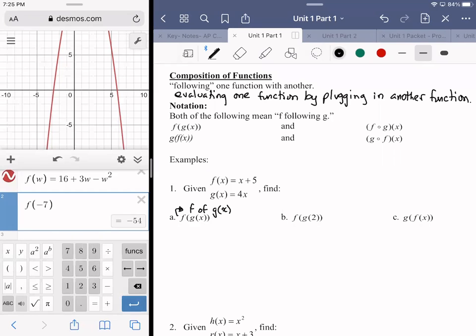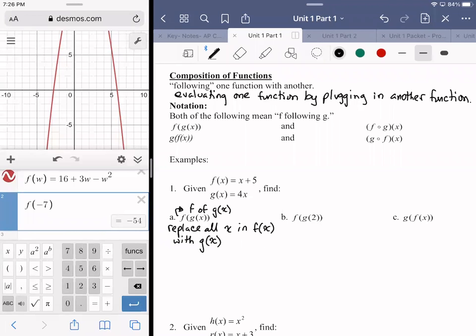What it's telling us to do is replace all x's in f of x with g of x. So replace all x's in f of x with g of x.